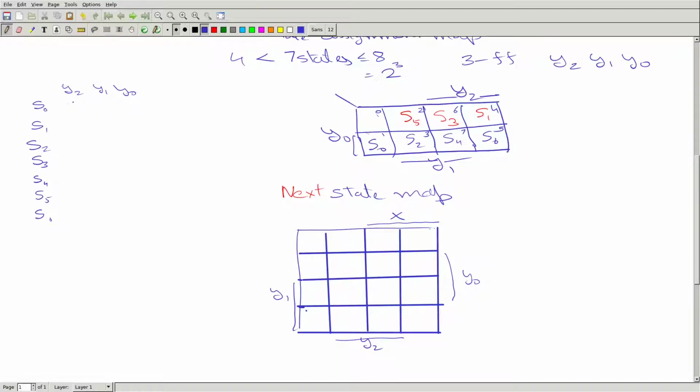You can read off the encoding from here.